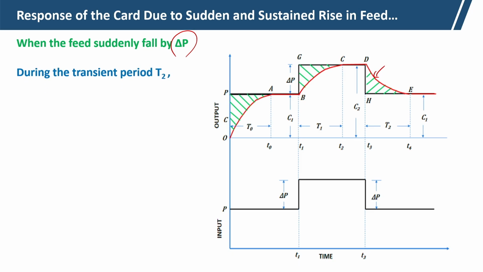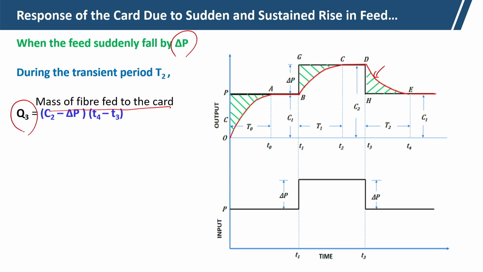So, during this transient period T2, the mass of fiber fed to the card is Q3. What is Q3? It is C2 minus delta P, multiplied by T4 minus T3.